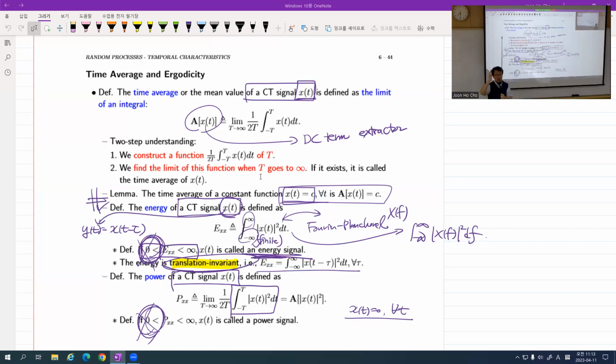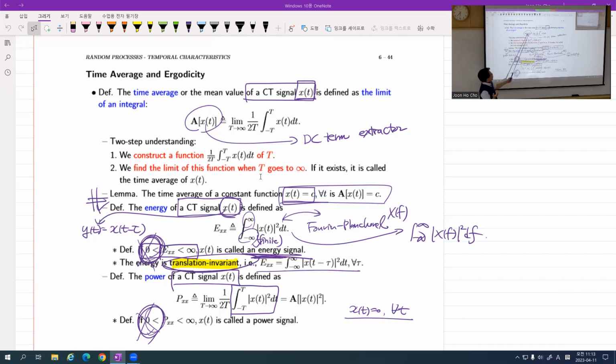So you can choose your time origin, say 0, and integrate up to plus infinity, but no negative time. In that case, you probably want to define the time average as the limit as t tends to infinity of 1 over capital T, integral from 0 to capital T, x of t dt. So this definition can be varied depending on your situation.